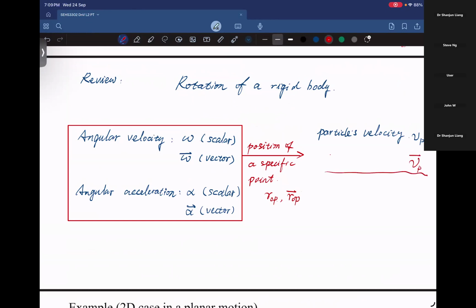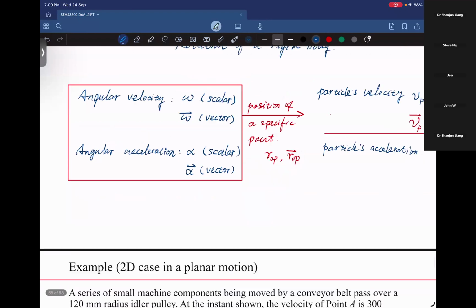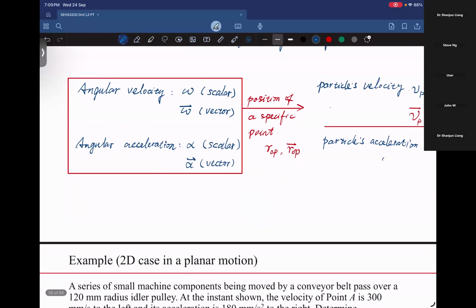And we are also required to find the particle's acceleration. So it has the scalar version AP and the vector version AP for the vector, right?